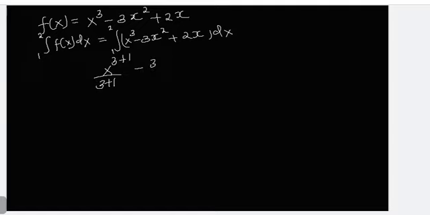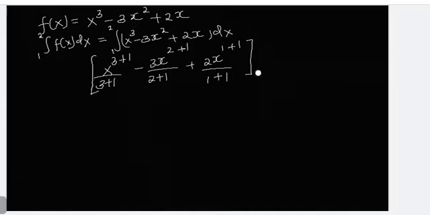Minus 3x to the power of 2: we add 1 to the power, divide everything by the resulting power. Plus 2x, which of course is power 1: we will add 1 to the power and divide everything by the resulting power. And of course, we remember that we are within the limits of 1 to 2 for the values of x.